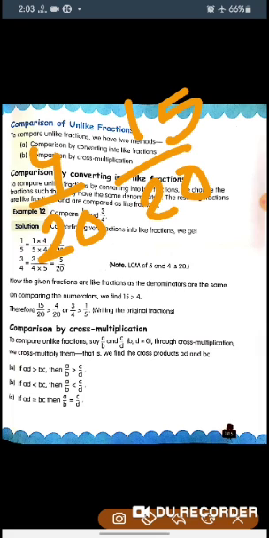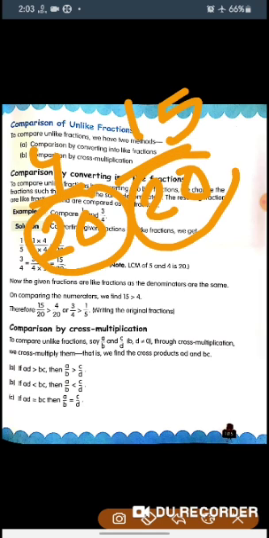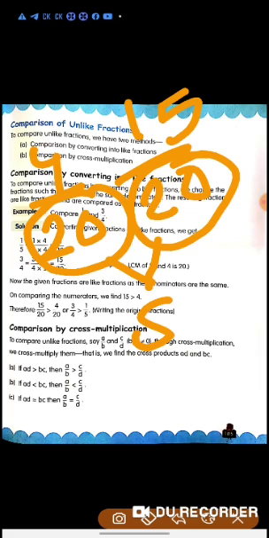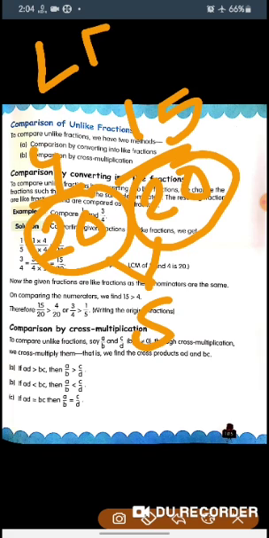Let's see, here both the denominators are the same, so we can say that both are like fractions. So now we have to compare only the numerators. We can see that 15 by 20 is greater than 4 by 20.